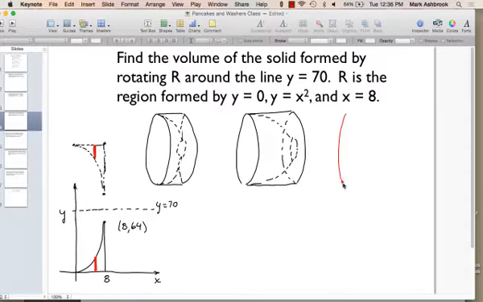Yeah, it's like a wafer with a hole in it. So it's like a pancake, but it has a hole in it. So that's our typical element, and we call that a washer.